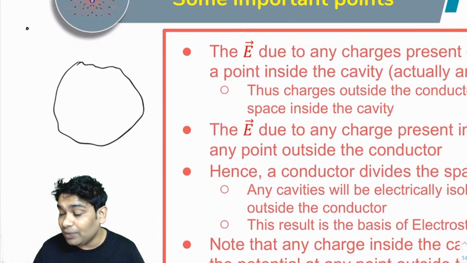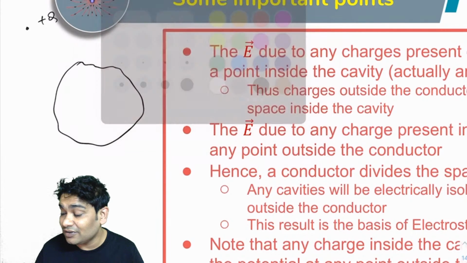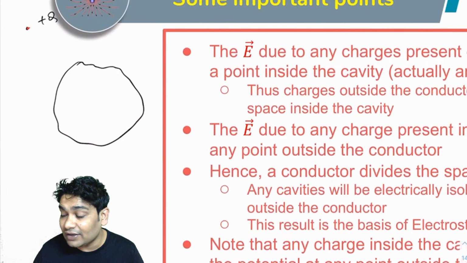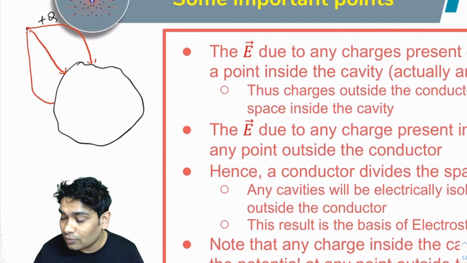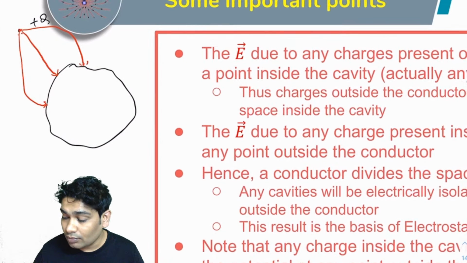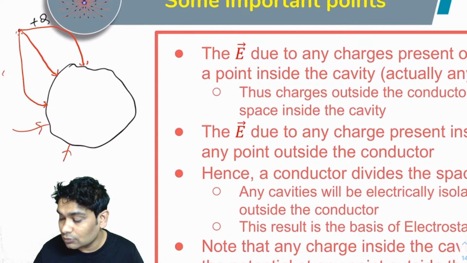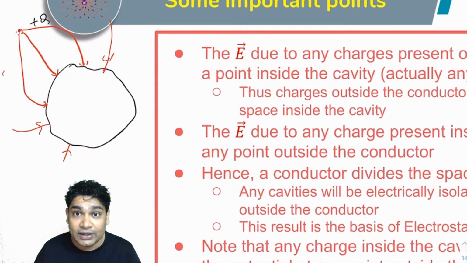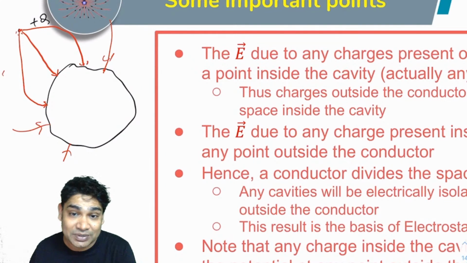All the electric fields produced by these charges, let's assume it's a positive charge, will get terminated on the surface. They can never enter it. So any electric field lines will terminate on the surface only.